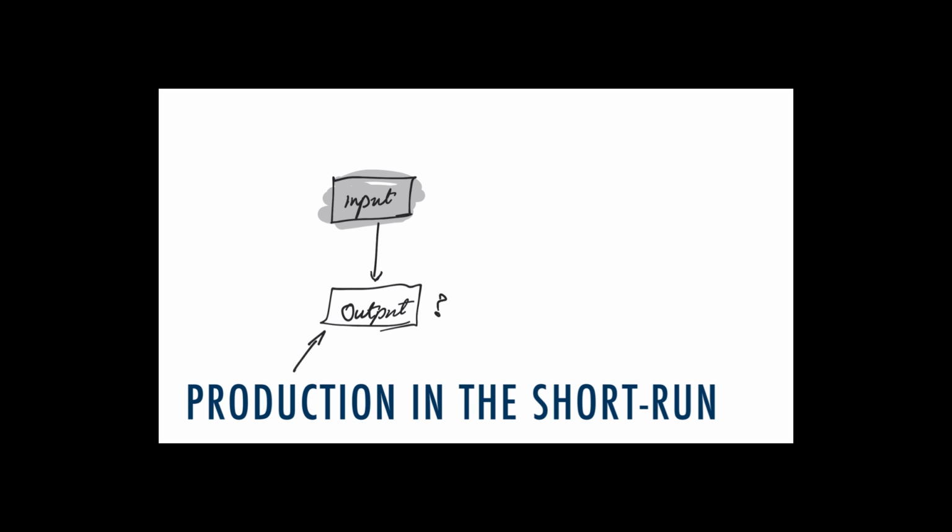Now, in your inputs, we've already done the four factors of production that you have. What are they? The land, labor, capital, the enterprise. The combination of these four will help you produce a certain output.